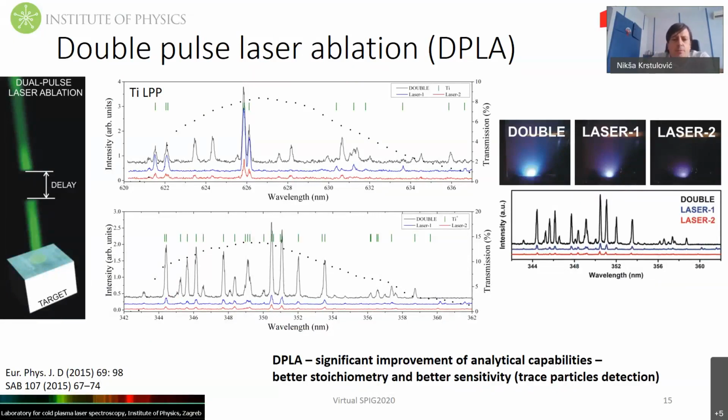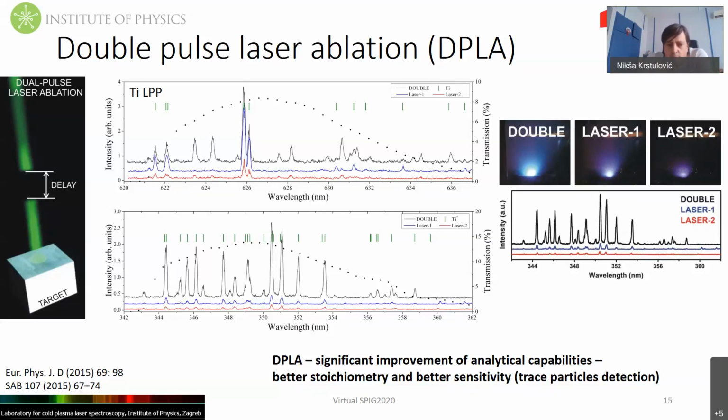These are emission spectra, which show the difference between spectra obtained with just one laser, just the second laser, and with both lasers with optimized time delay. It is obvious that the sensitivity is much better, and that we improve the analytical capability by using dual pulse laser ablation.